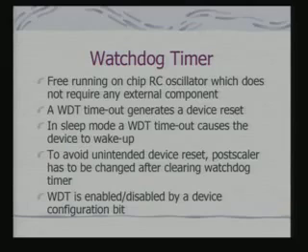We shall not have time to go into details, but one of the bits in that register is targeted for enabling or disabling the watchdog timer. So if I disable the watchdog timer, then all these things are of no consequence.